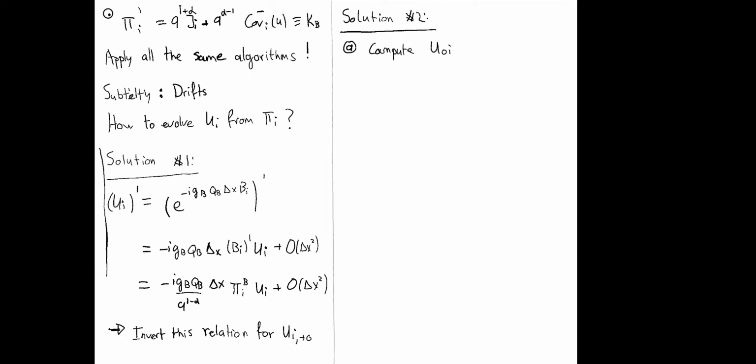But you can also say that U_0i is the exponential of minus i g_B q_B delta t by i a^(1-alpha). And then if you're able to compute that, so this matrix exponentiation, then you can say that U_0i, well, actually it's that, but it should also be U_i plus 0, U_i dagger.